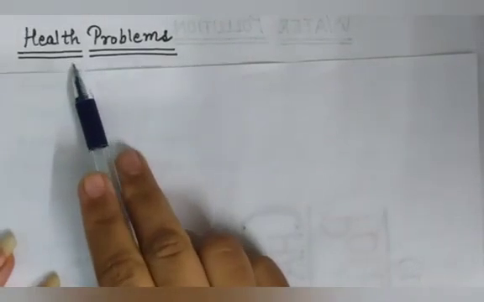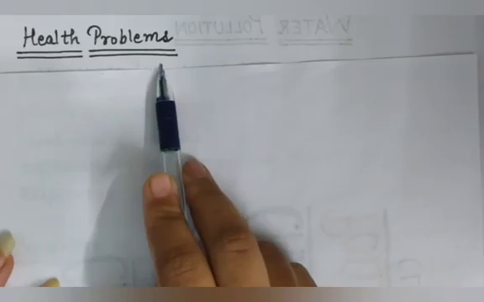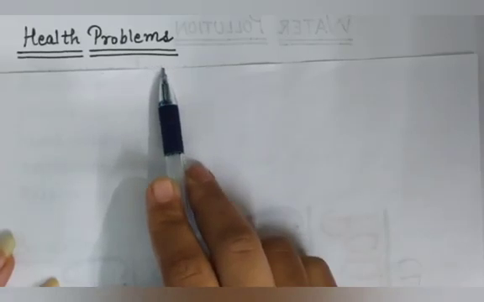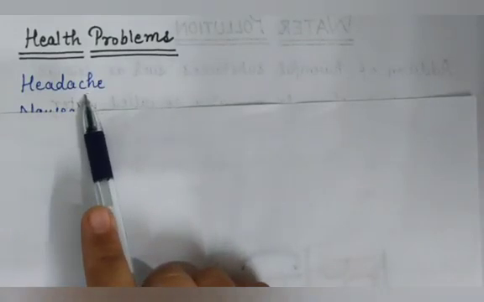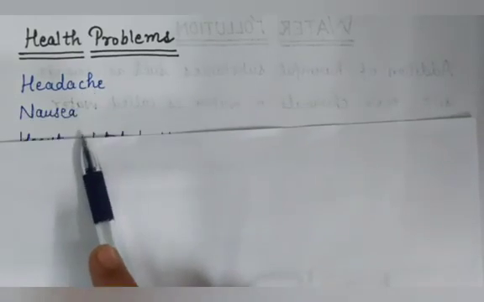The next effect is health problems. Air pollutants can cause many kinds of health problems in humans, and some of them are, first, headache. Excess concentration of carbon monoxide, a harmful gas, can cause headache and nausea.